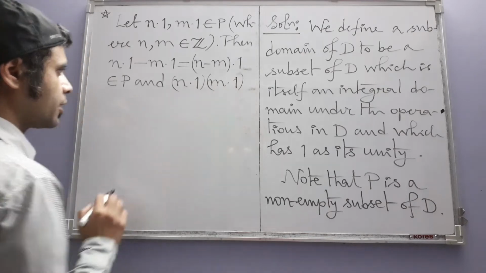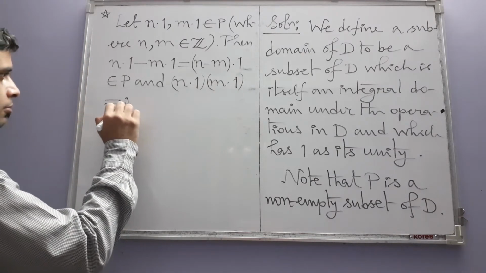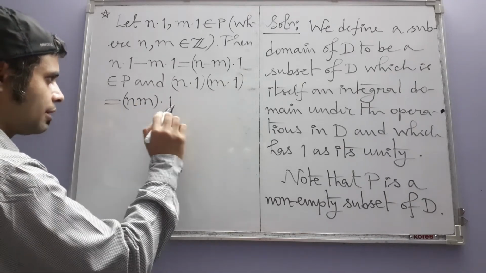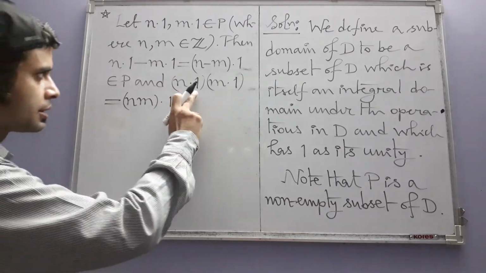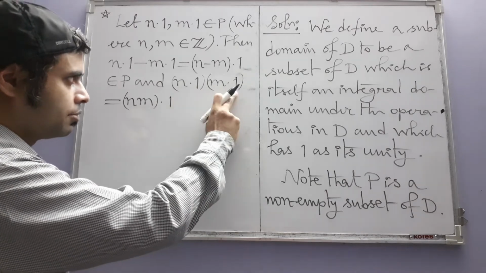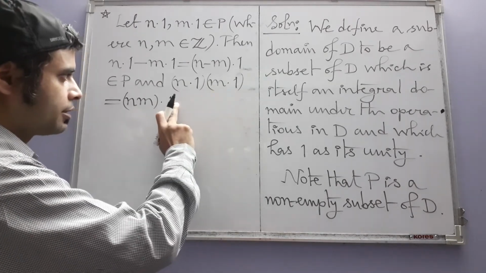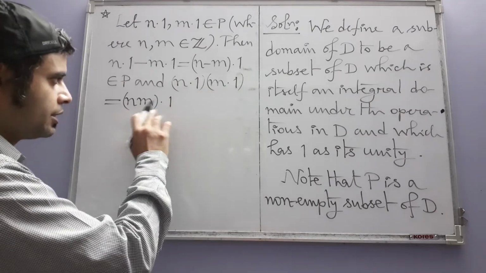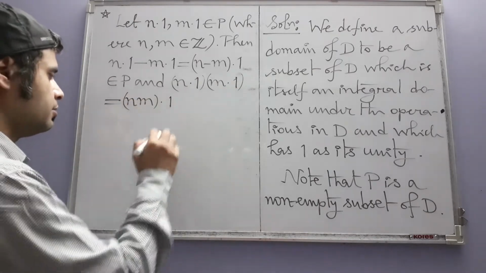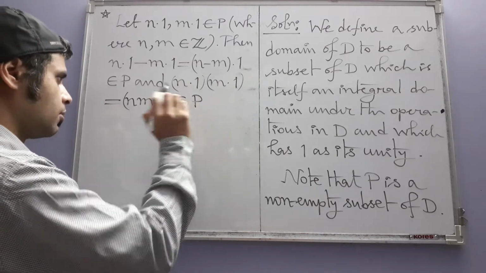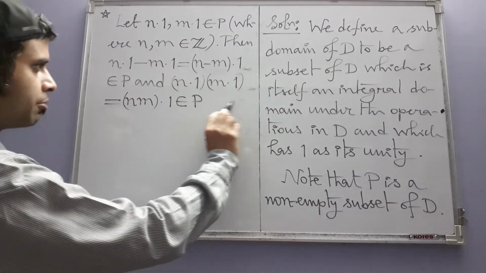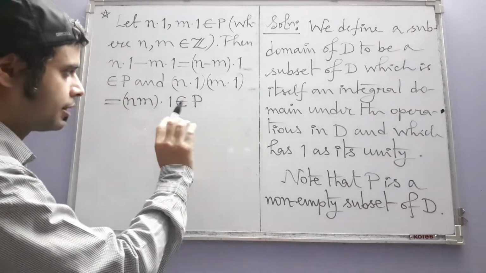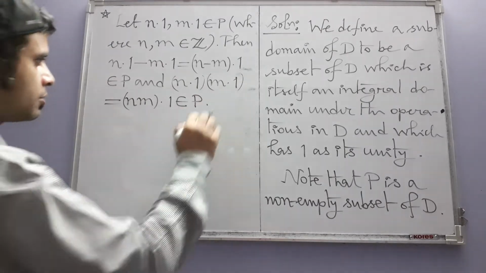When you take the product of these two things, you in fact get nm·(1·1), because in general you can have arbitrary elements a and b. So in that case you would have ab. Here however you have the same thing 1·1 which ultimately becomes 1. So you get this belongs to P. So here ideally I should mention which exercise from before we are using here, but I won't do that.